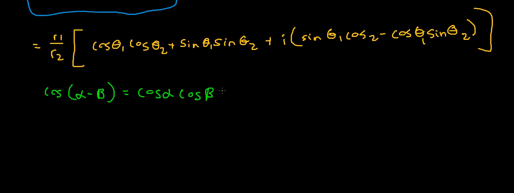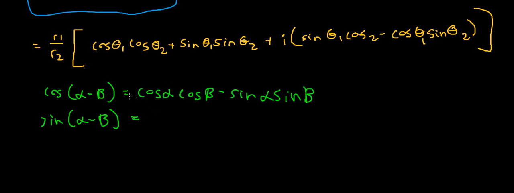No, I didn't make a mistake. So that's 1. Sine alpha minus beta is equal to sine alpha cosine.